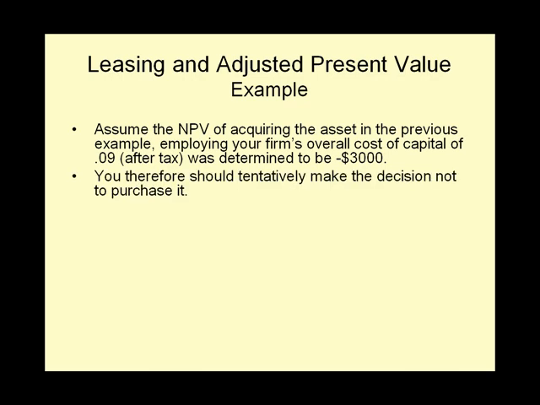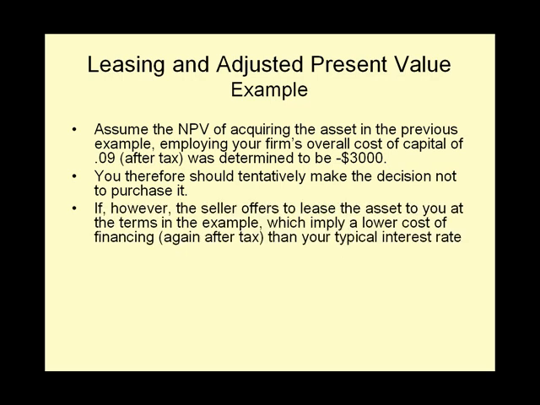You would therefore tentatively make the decision not to purchase the asset. But if the seller offers to lease the asset to you at the terms in the example, which imply a lower cost of financing than your typical interest rate, then the whole activity takes on a positive adjusted present value.